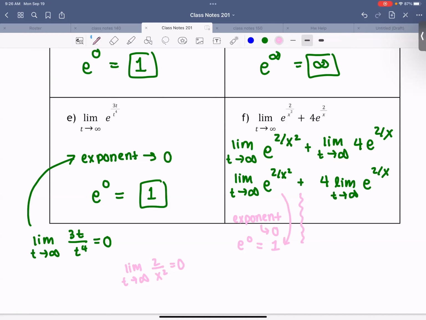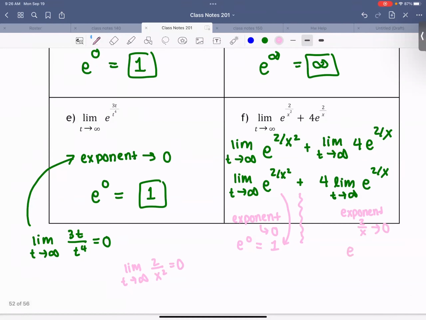Okay, let's do the limit as t goes to infinity of e to the 2 over x. Let's take our exponent, which is 2 over x, right? What is 2 over x going to as t approaches infinity? 0, good. So if I want to find the limit as t approaches infinity of e to the exponent, my answer is also going to be e to the 0, which is 1.